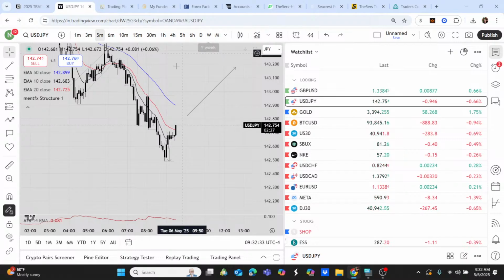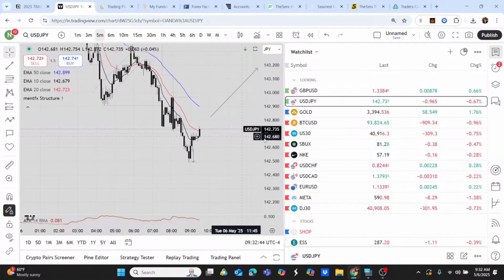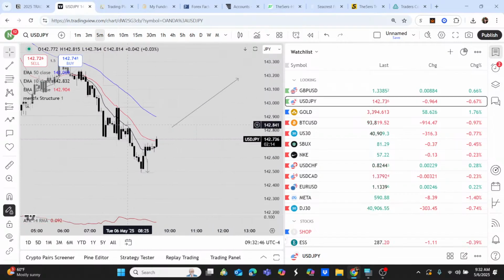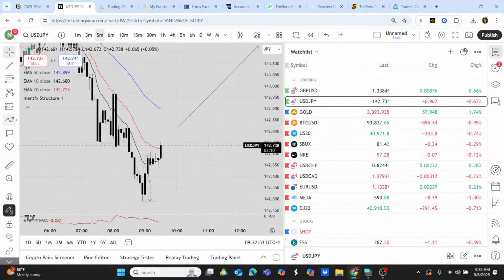Alright, so this may set something up for my regular funded accounts. Not how I'm looking at it right now, because price is starting to come close to that 50. If price can come a bit closer and then starts making the regular setup, I could look to get involved like that.